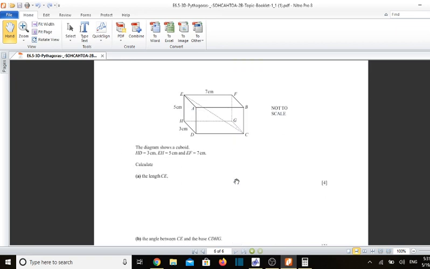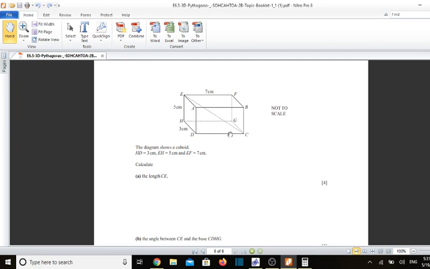Okay, in this question we have a cuboid, which you can see over here, and its dimensions are there. Its length is 7 centimeter, its width is 3 centimeter, height is 5 centimeters, and you need to calculate the length of C to E. So you need to find the length of this side. First of all, you need to find the length of C to H, the diagonal.